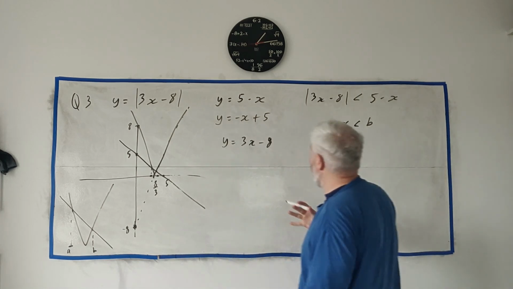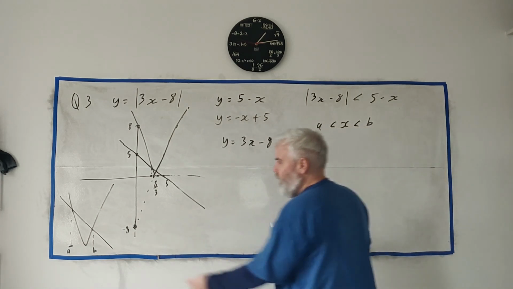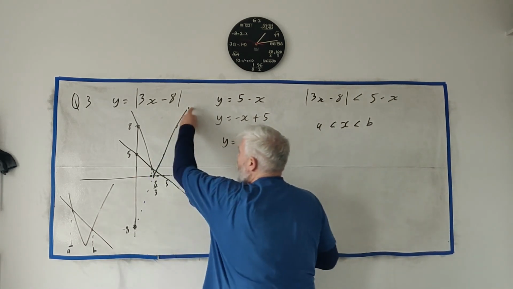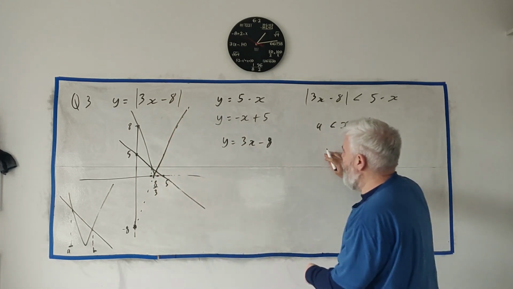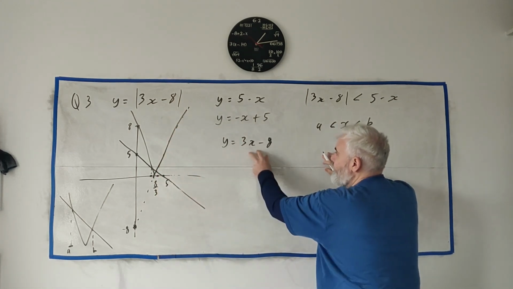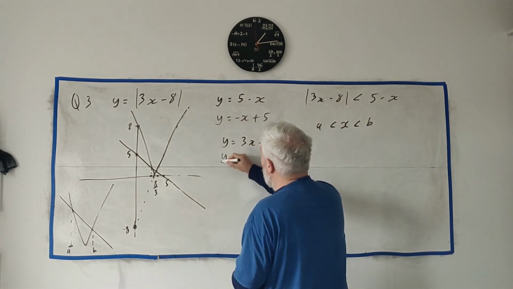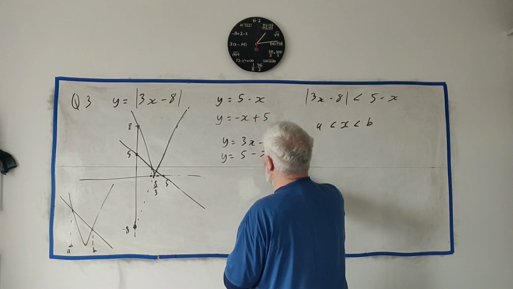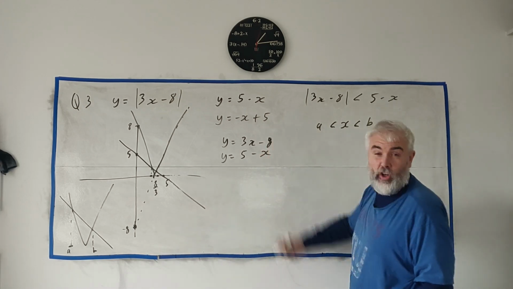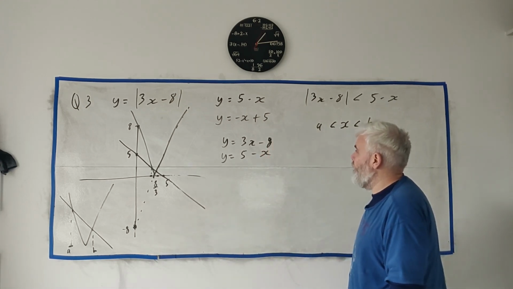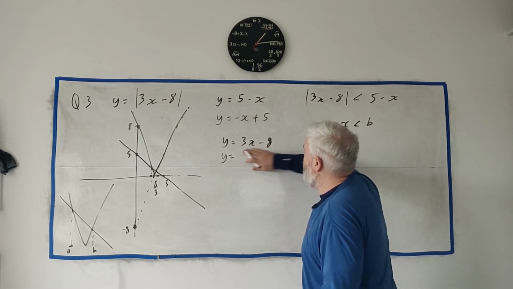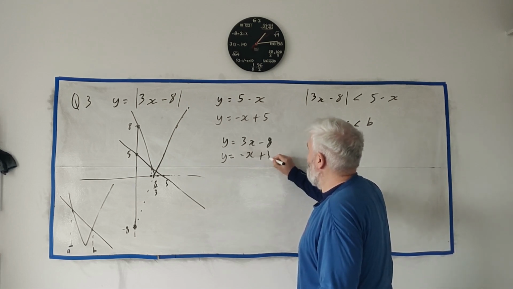So instead of the absolute value, what I would do is I'd find B first. We know this line: y is equal to 3x minus 8. And we know this line: that's y is equal to 5 minus x. Just solve for that. In fact, let's write that as minus x plus 5.